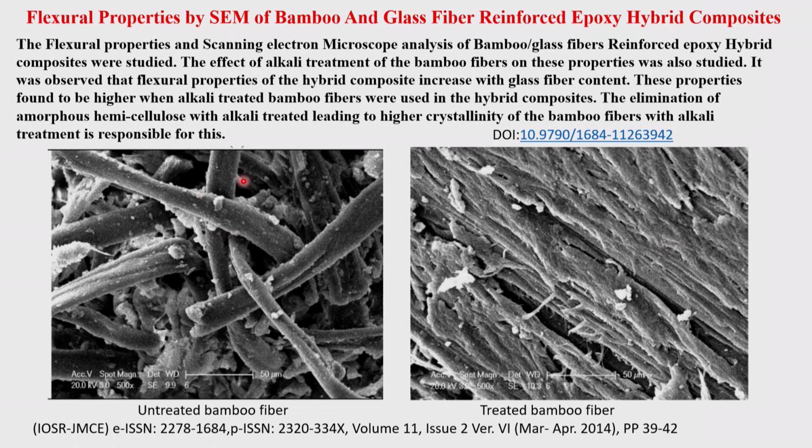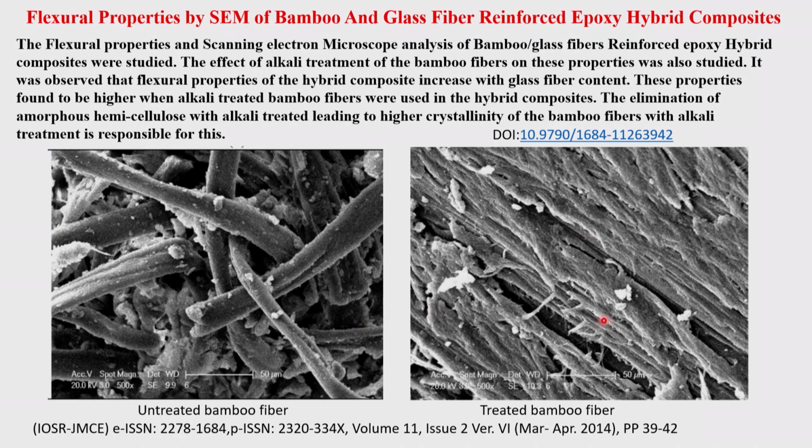So you have less crystalline or more powder characteristics, and more crystalline characteristics. And that brings a change in the flexibility properties, the flexural properties of this. That means the epoxy which is reinforced with the bamboo fibers, not normal fibers but the fibers which are treated with the alkali, gives a more crystalline nature.